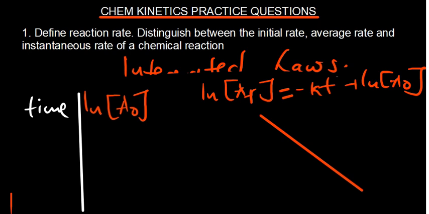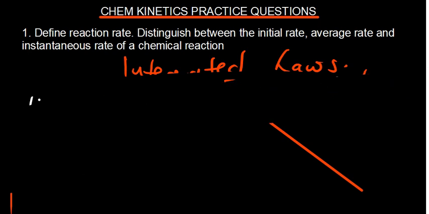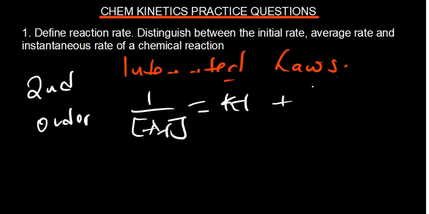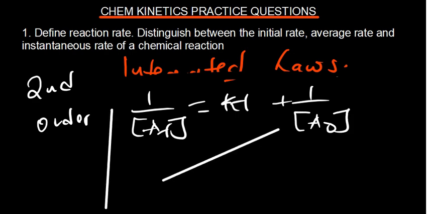Then for the second order reaction, it doesn't even have the natural log. What we basically have is the reciprocal of the concentration, one over the concentration. And here the gradient is positive. So this one tends to face upwards when you sketch it.